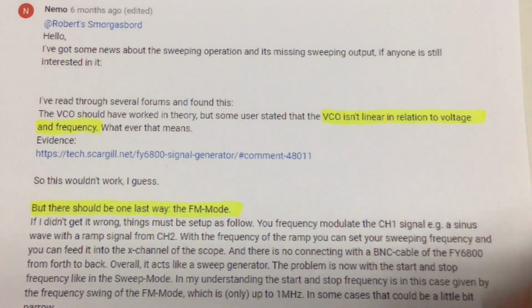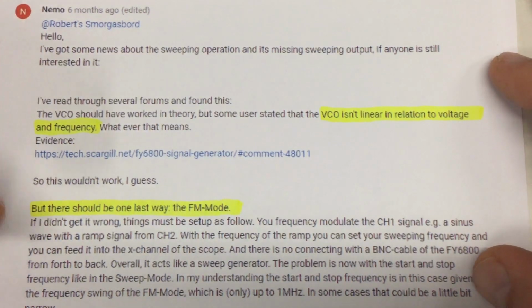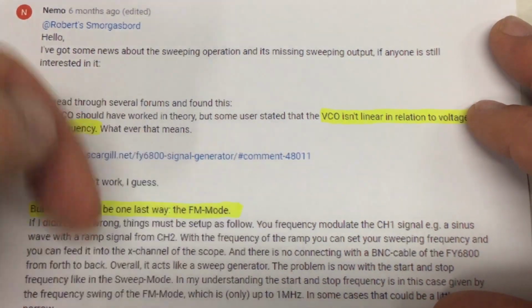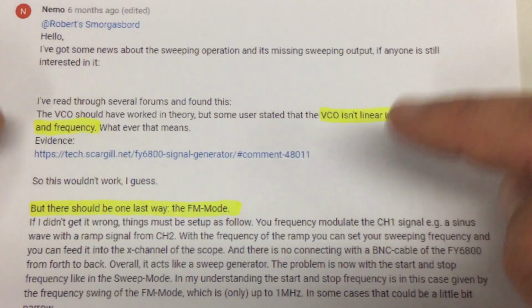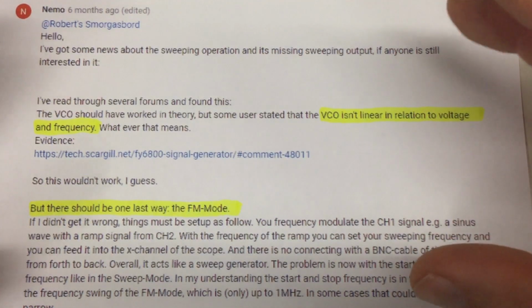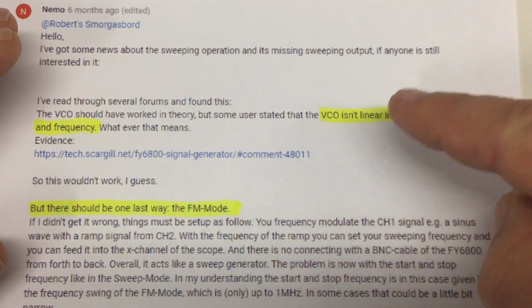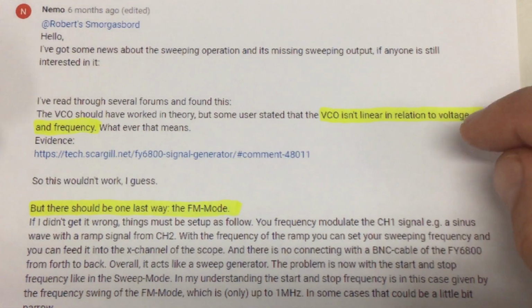So that thread continued for a while, and he did some extensive research by himself, and he found some evidence, I will put that link down below too, that the VCO in the FY6800 is not working in a linear fashion. That is, the frequency does not increase linearly when you increase the voltage in the VCO input.